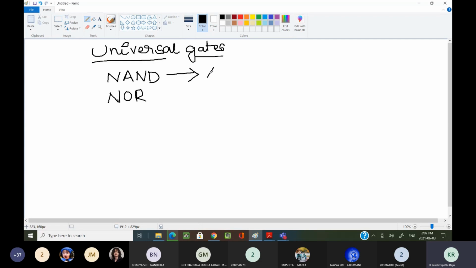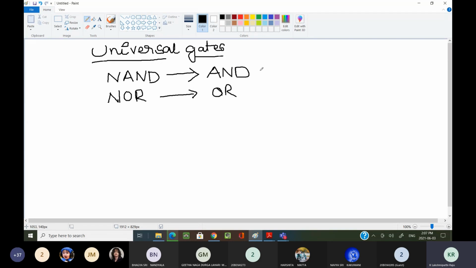If you complement the AND operation, the complete AND gate, then that will become the NAND gate. It is a reverse. If you reverse the OR gate, reverse meaning the operation we are performing in the OR gate, that will become the NOR gate.